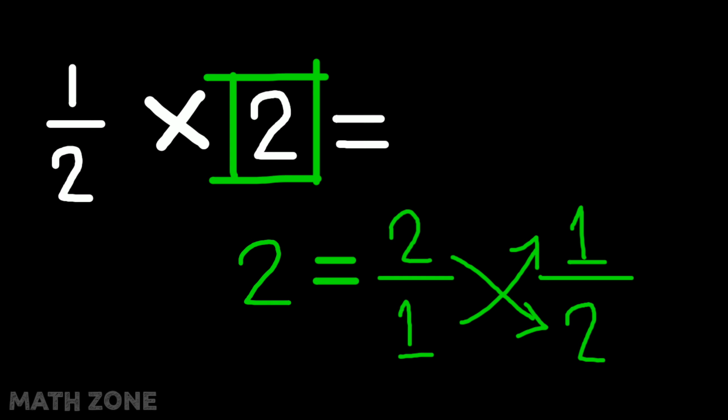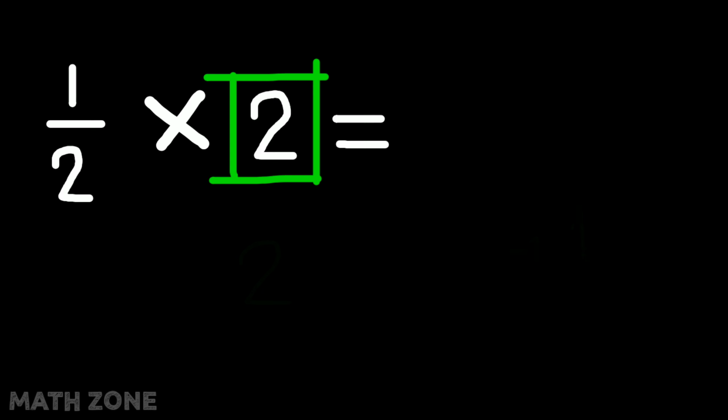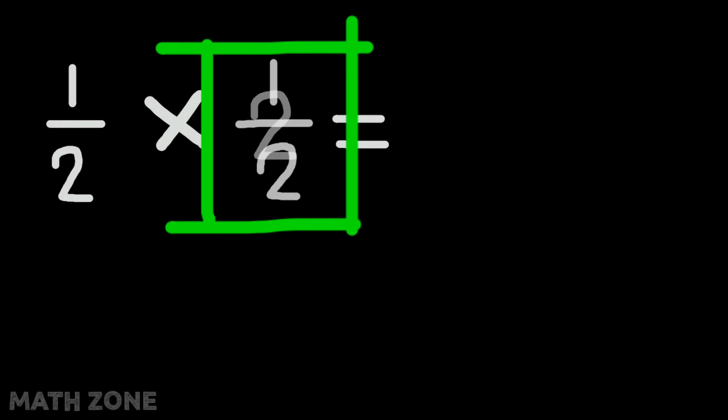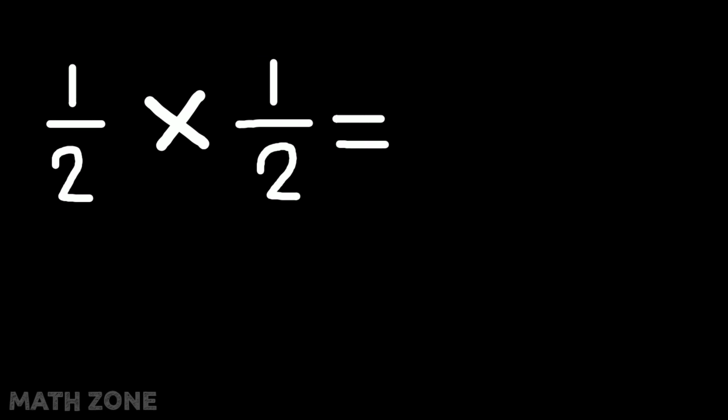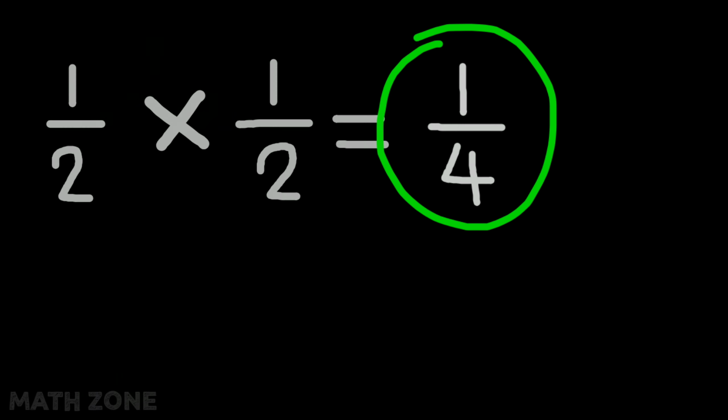Now we have a new equation of 1/2 times 1/2. And as I taught earlier, just multiply the numerators and multiply the denominators. 1 times 1 is 1, 2 times 2 is 4. So the answer is still going to be 1/4.